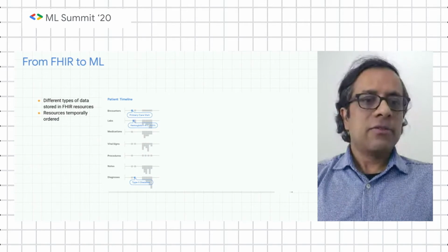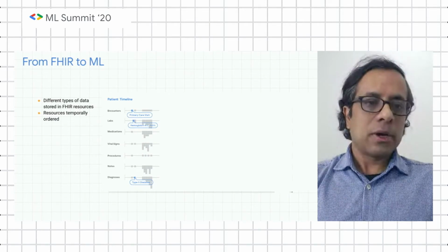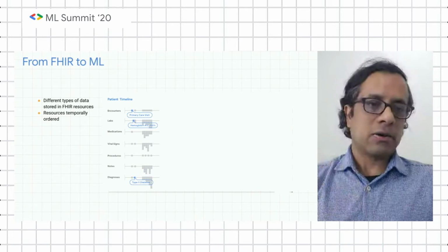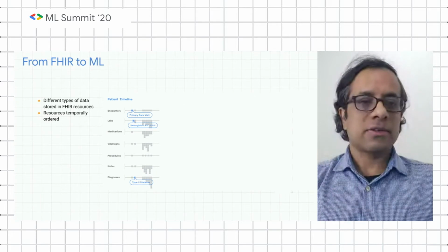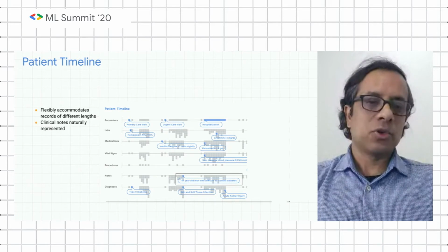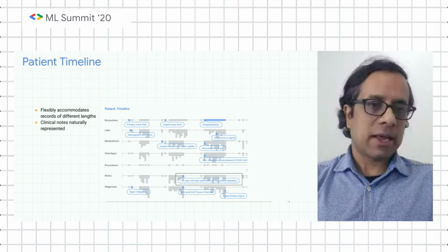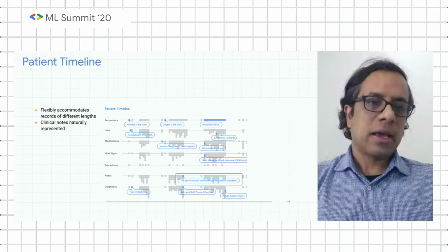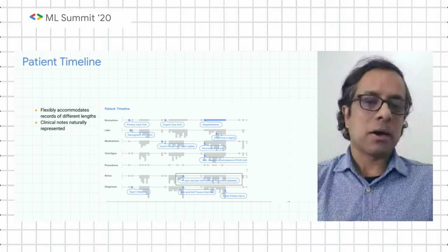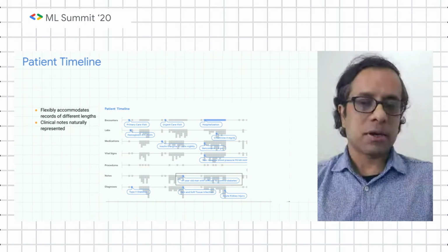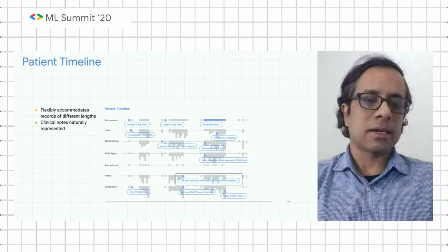And then different types of data are available: labs, encounters, medications, vital reports, notes, and diagnoses. For most deep learning models, you may not have to do a lot of feature engineering. You just use the natural elements that are coming out, and use a sequence model as one of the architectures to train this.